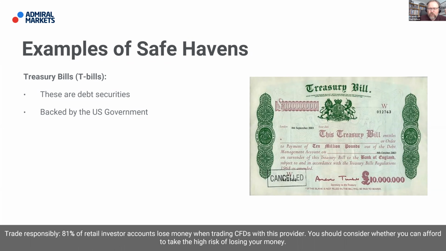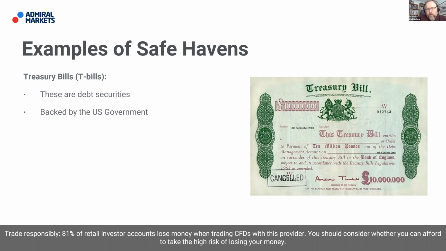But as a general rule of thumb, debt issued by the US government is deemed to be something that will be paid back, and they are unlikely to default, which means it's safe. It's a safe haven, and hence those Treasury bills become very popular during particular periods of market turbulence and uncertainty.